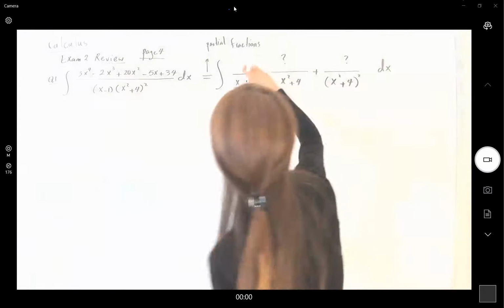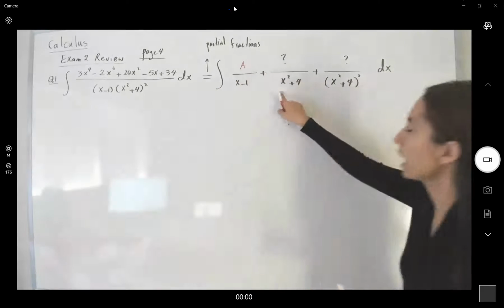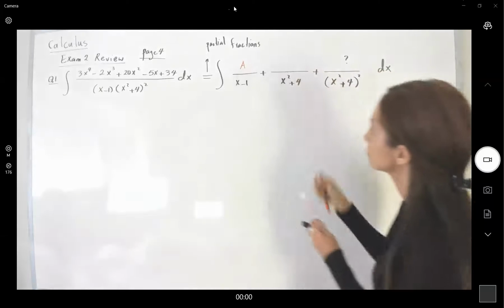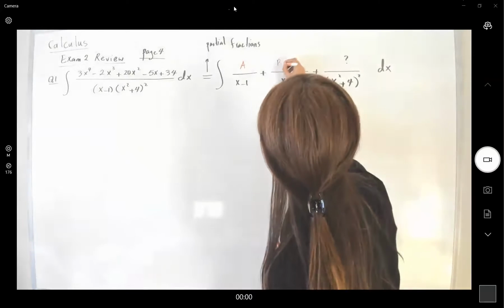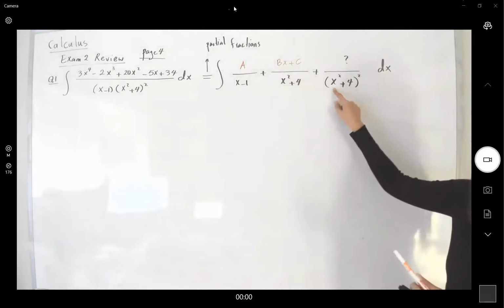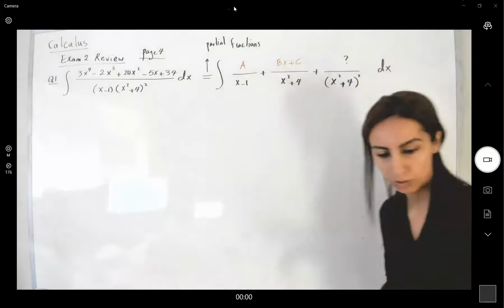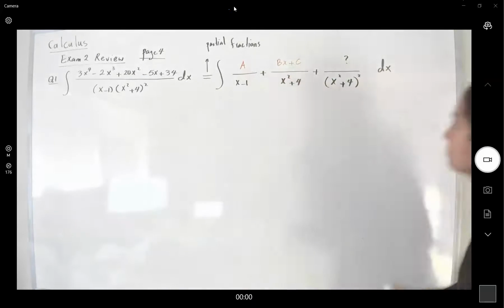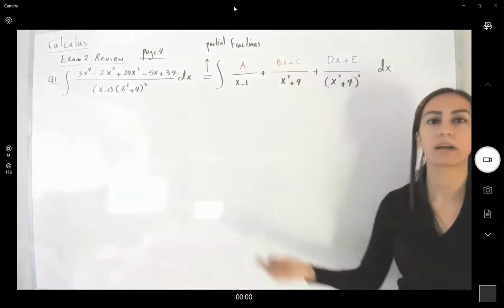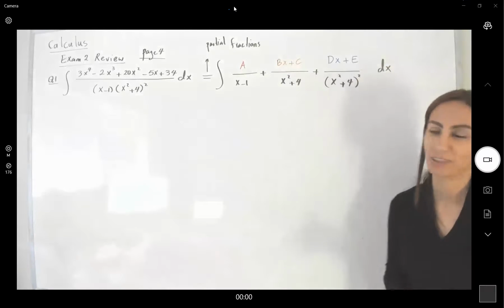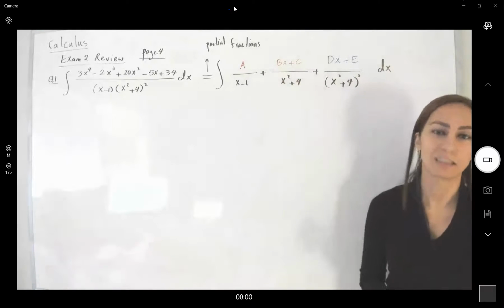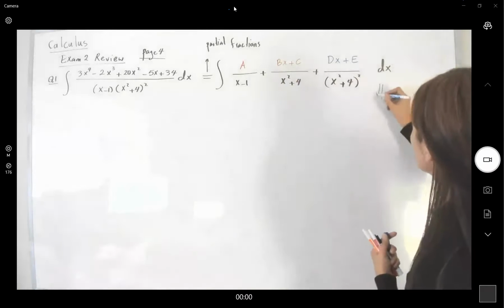Let us call it A. Constant A. Here we have a quadratic expression, so its numerator is going to be a linear expression, Bx plus C. Finally, we have another quadratic expression, so it's going to be Dx plus E. Okay, the rest is intermediate algebra: taking the common denominator between these, combining the numerators, and solving the system of linear equations. So the rest is intermediate algebra.